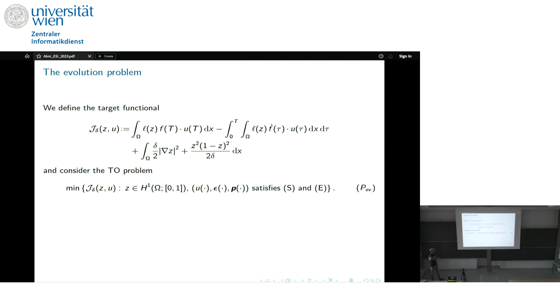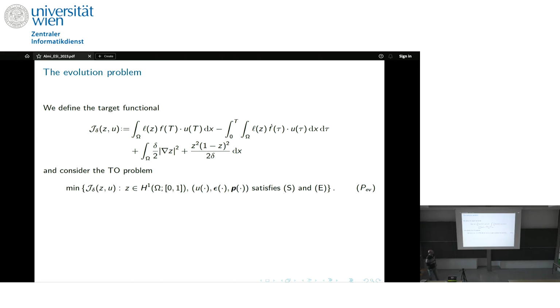So for instance, you can minimize this kind of functional with respect to Z, under the constraint that this tripod is solving an evolution problem, the one that we described before with the energy formulation.